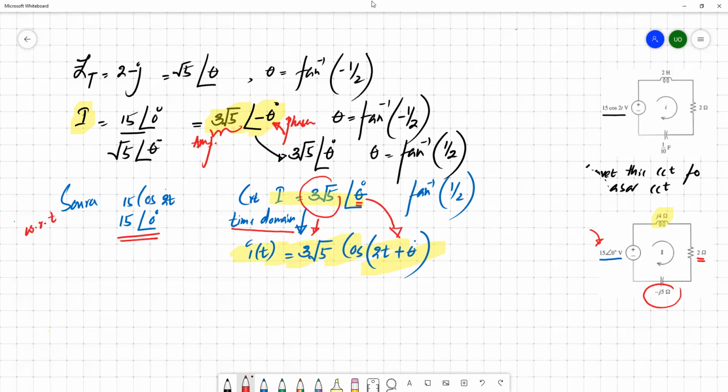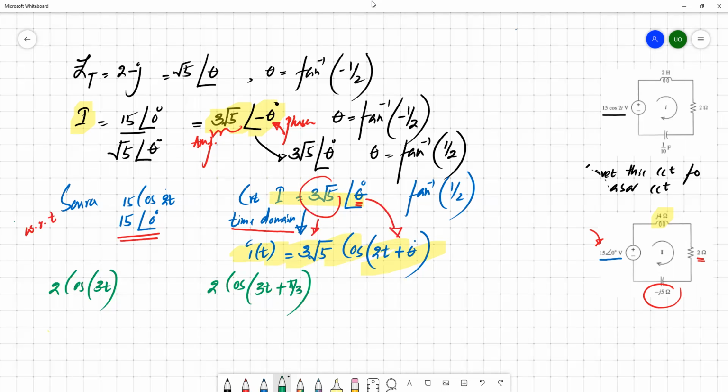Then, if you are given a time domain circuit, how do you convert it into phasors? You can convert the sources like this: magnitude and initial angle. For example, you have a source like this, 2 cos 3t, and the other one, 2 cos 3t plus 5 by 3.